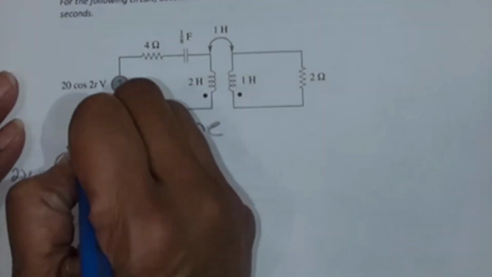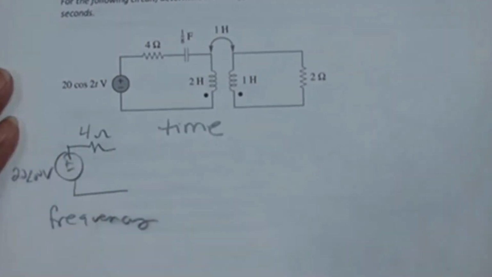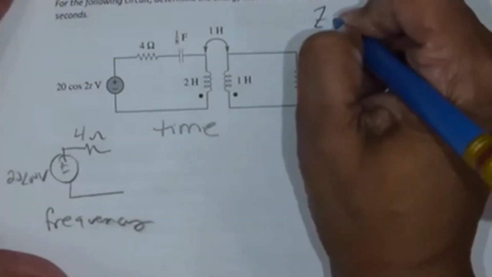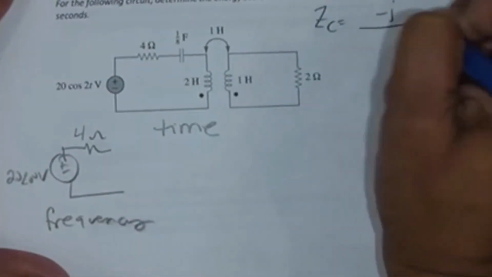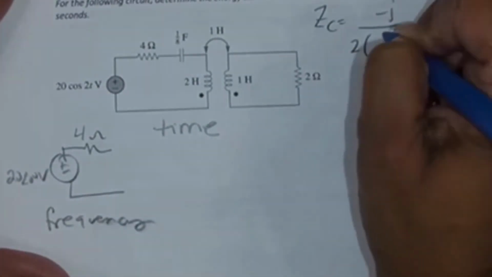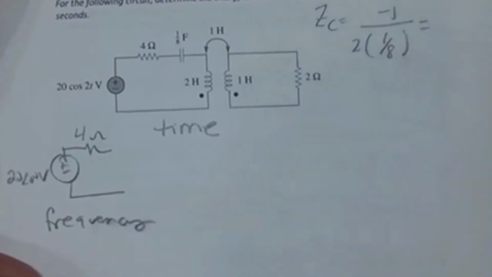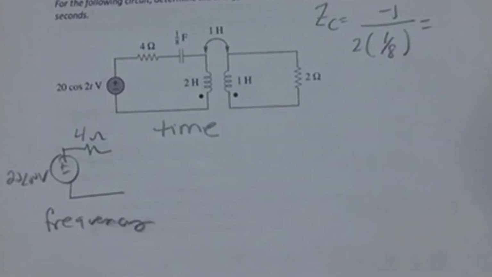That resistor is 4 ohms. The capacitor is negative J over omega C, so negative J over 2 times 1/8, or negative J4 ohms.